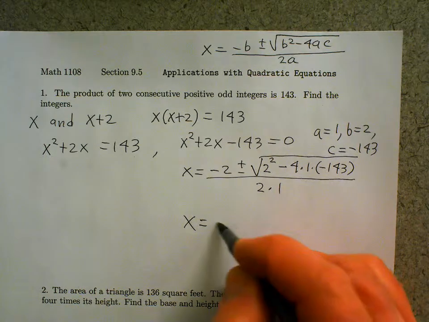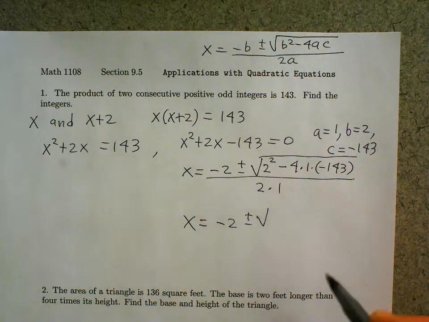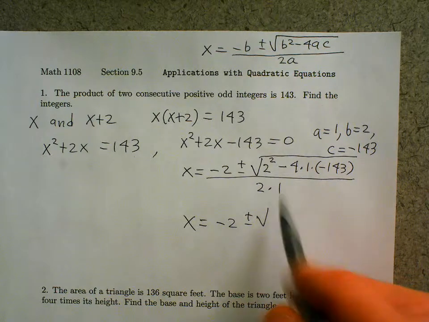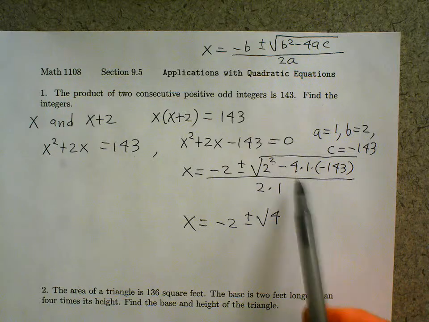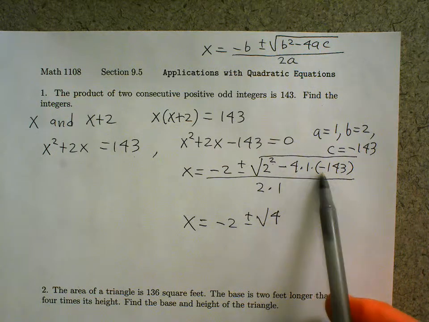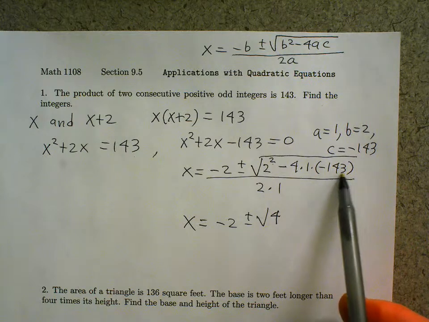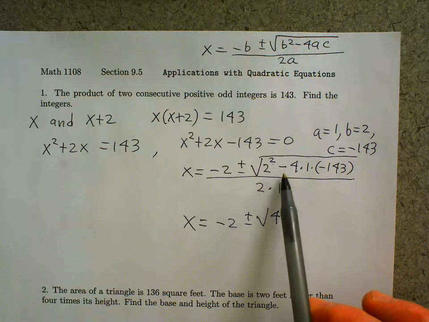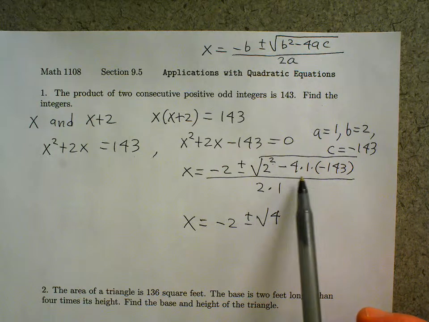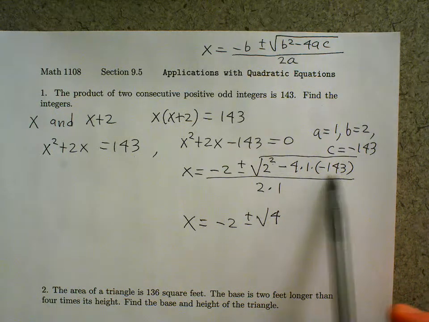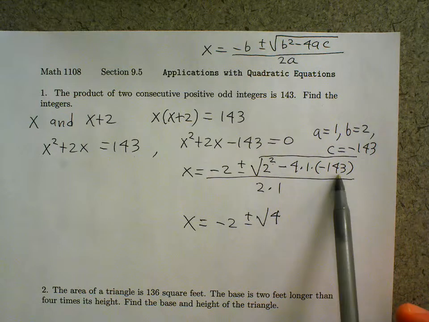Okay, then x equals negative 2 plus or minus the square root of a number. We have 2 squared, which is 4, and we're subtracting 4 times 1 times negative 143. Since we're subtracting a negative, it's going to be plus a positive. And 4 times 143 is 572.